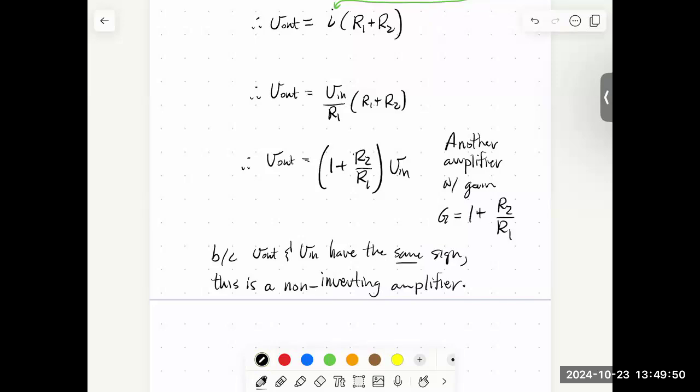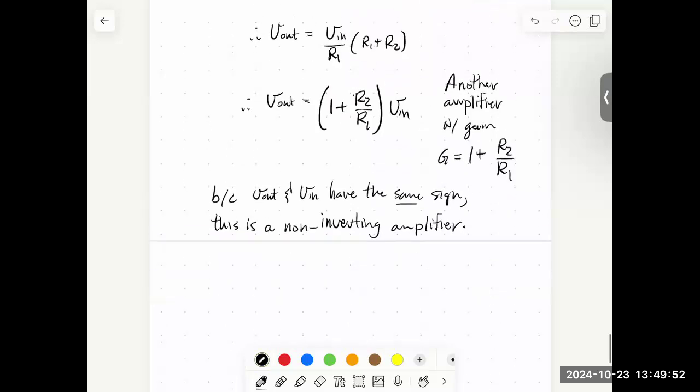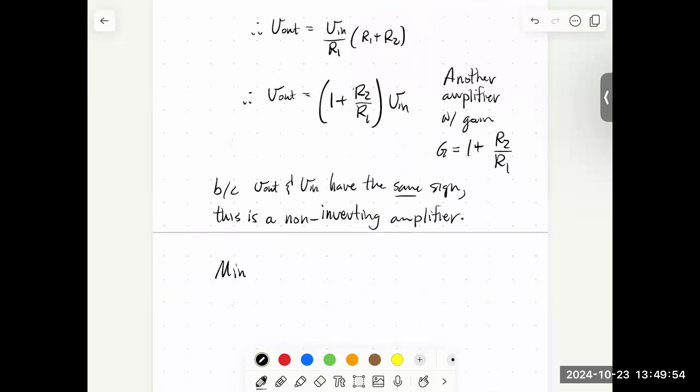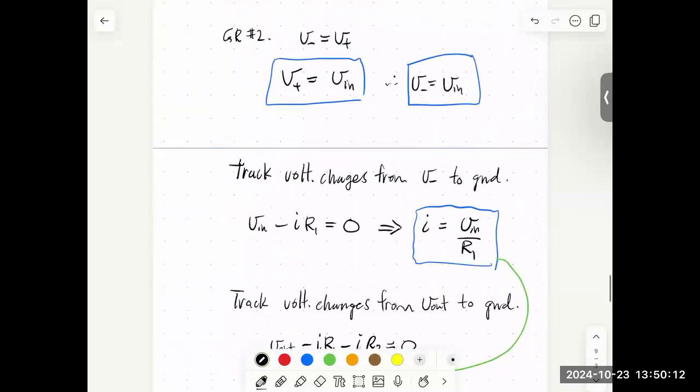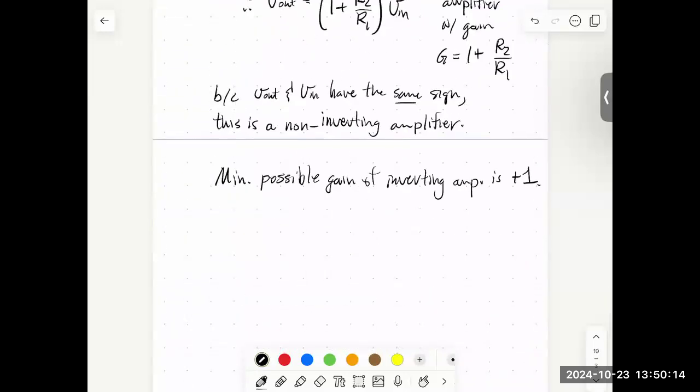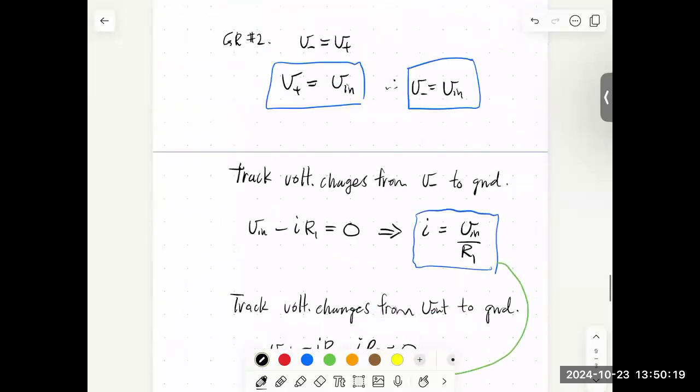Okay, so the minimum possible gain of the non-inverting amplifier is +1.